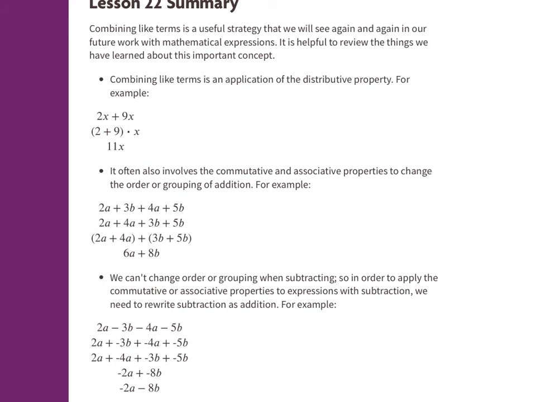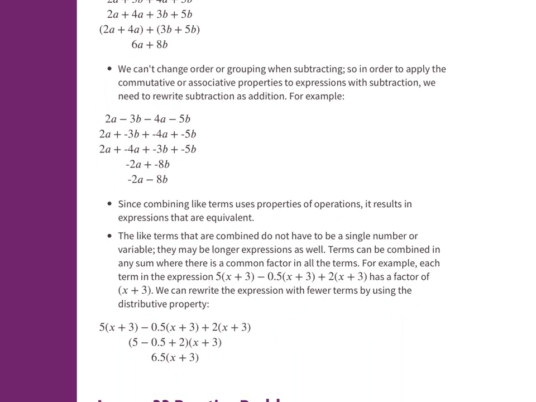It often involves the commutative and associative properties to change the order and grouping of addition. For example, 2a plus 3b plus 4a plus 5b, we can move the a's next to each other and we can move the b's next to each other. So 2a plus 4a is 6a and 3b plus 5b is 8b. We can't change order or grouping when subtracting. So in order to apply the commutative or associative property to expressions with subtraction, we need to rewrite the subtraction as addition.